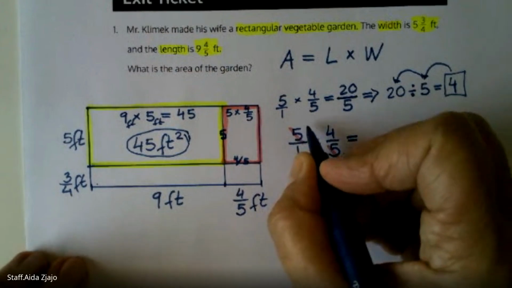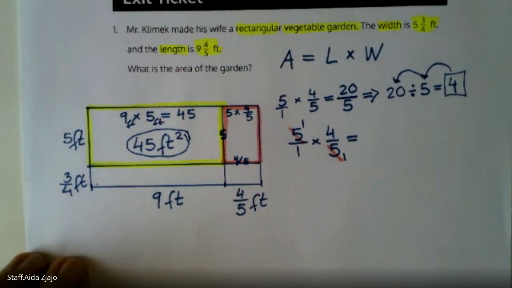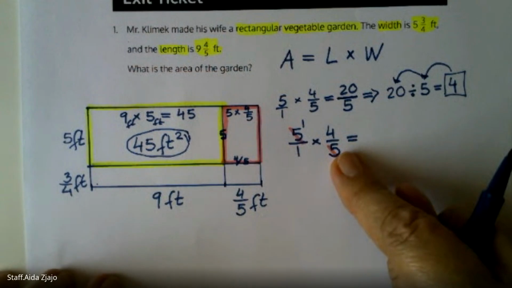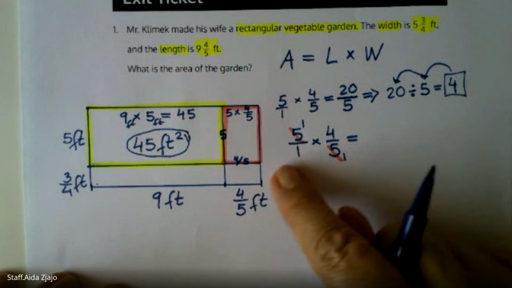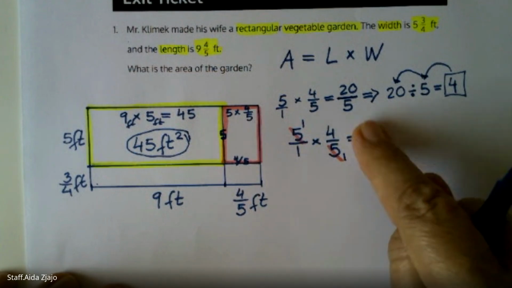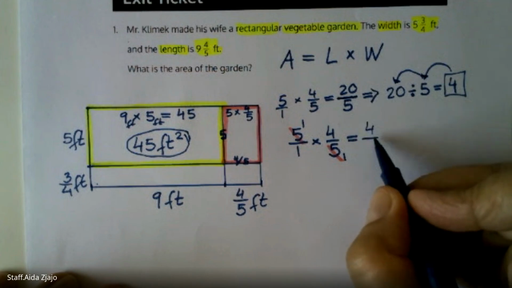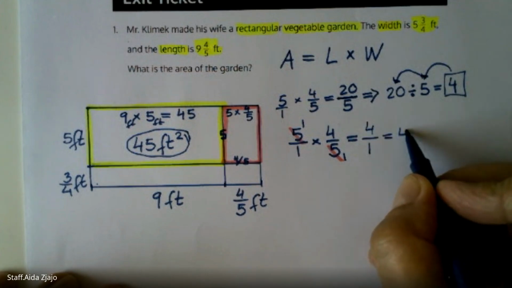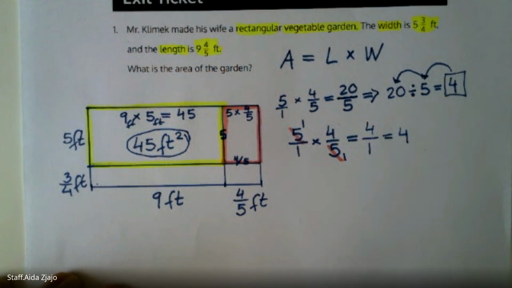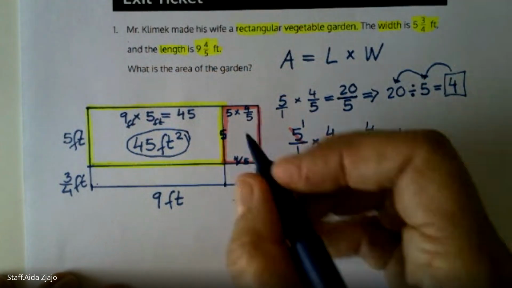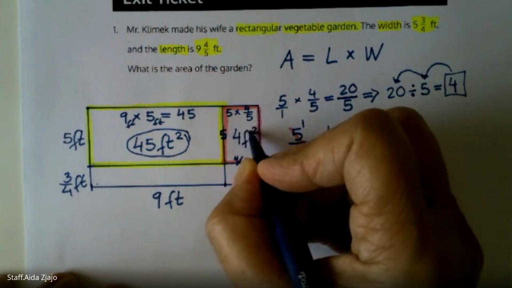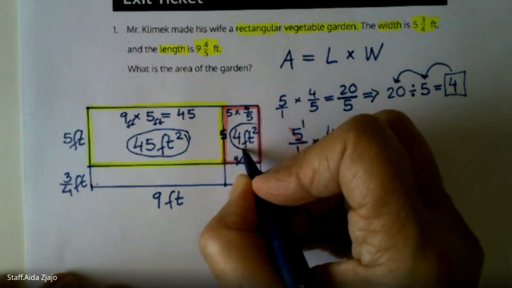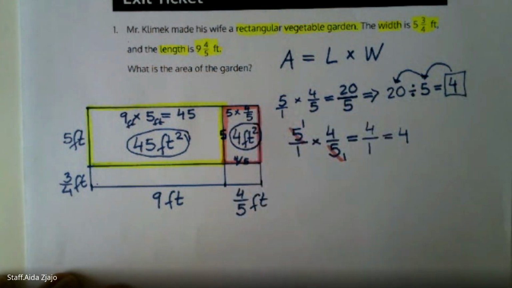So I reduce my calculation to 1 times 4 is 4, and 1 times 1 is 1. So 4 divided by 1 equals 4. That's another way to see this. So this area is 4 square feet, and I got this area done.